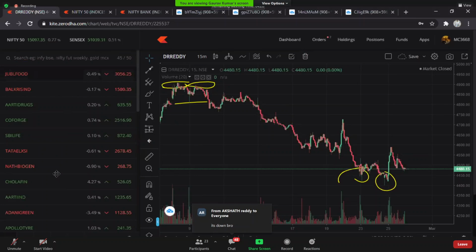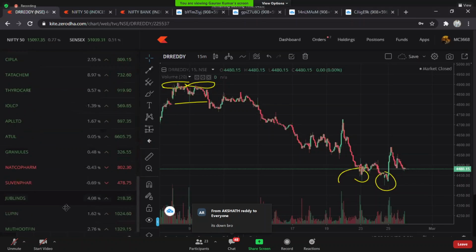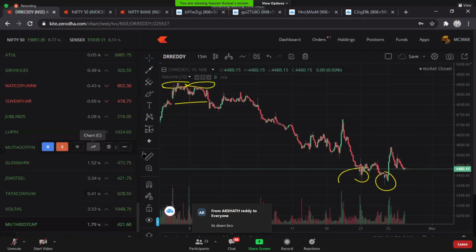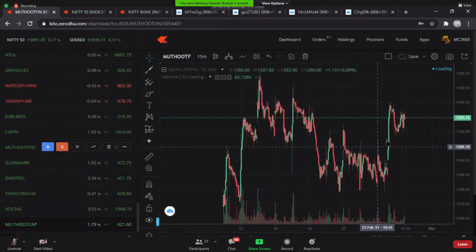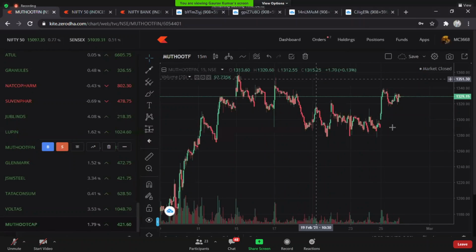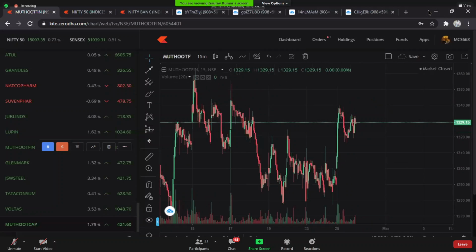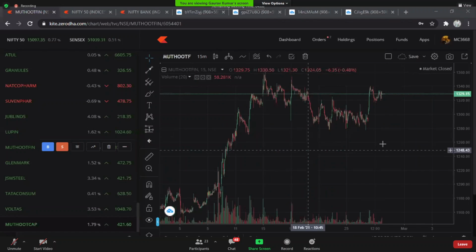It's in my watch list. Yes, Muthoot Finance actually went upwards. The chart failed because the breakout never happened. It was forming a descending triangle kind of pattern, and the chart failed.